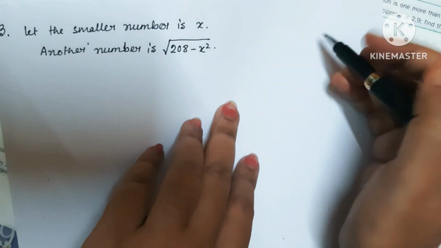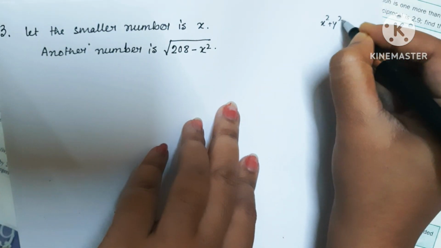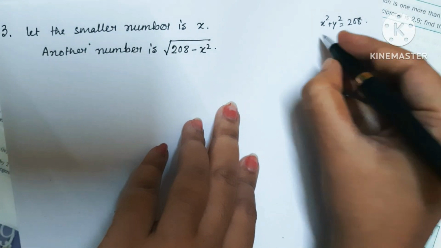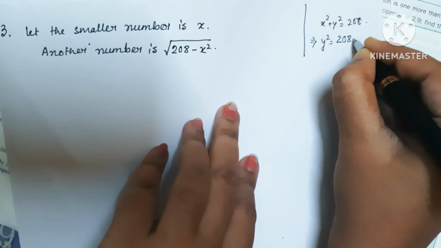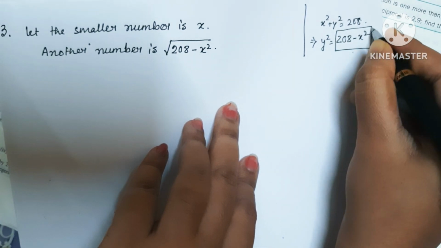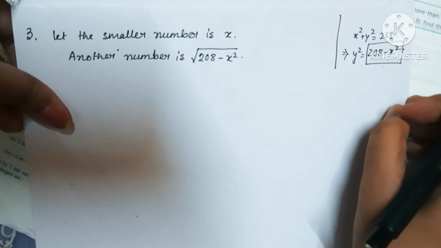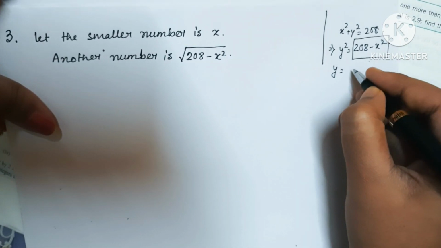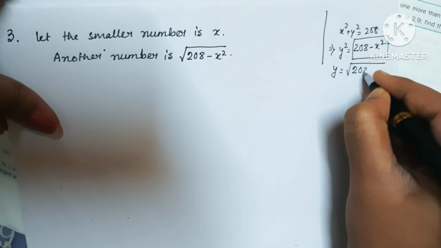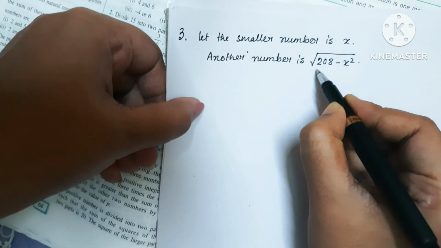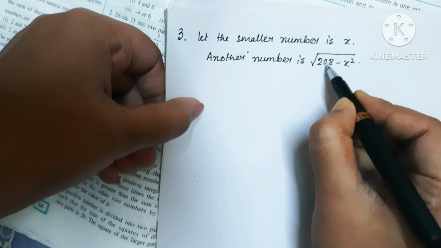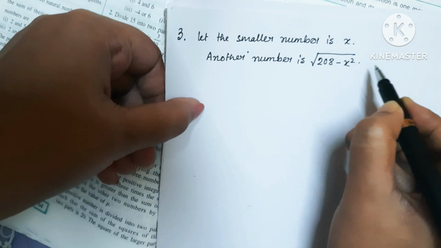You can do it in rough. That means y square equals 208 minus x square, so y will be root under 208 minus x square. So if one number is x, the other number will be root under 208 minus x square.